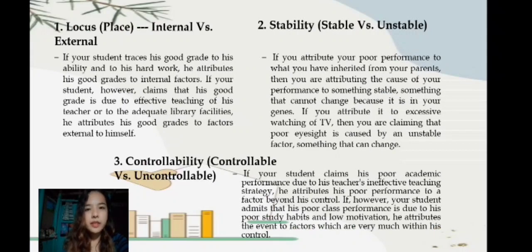So let's first discuss the locus or place, that is internal versus external. If your student traces his good grade to his ability and to his hard work, he attributes his good grades to internal factors. This means if we place the locus of control internally, we are likely to believe our own actions determine the outcome.